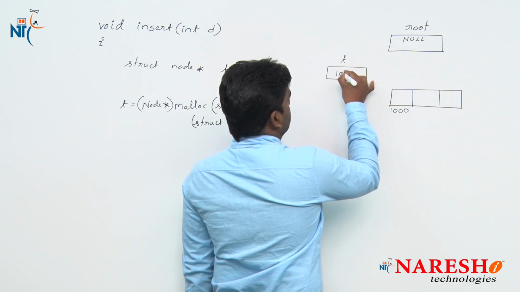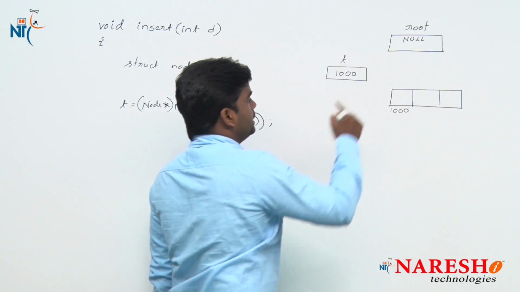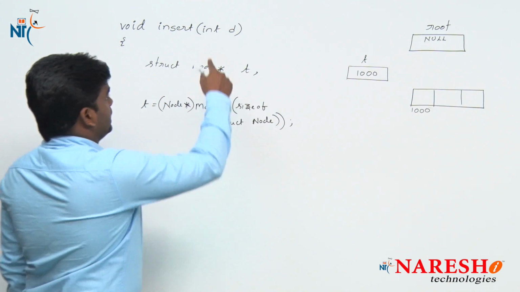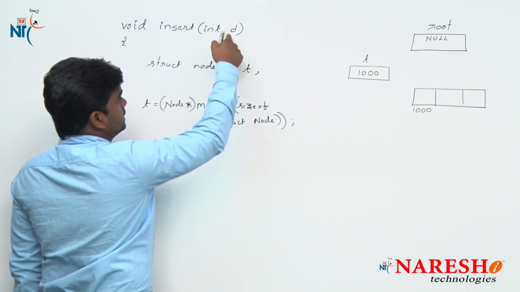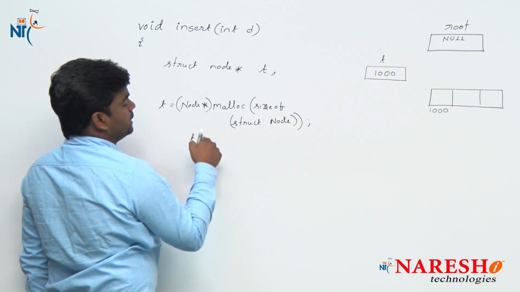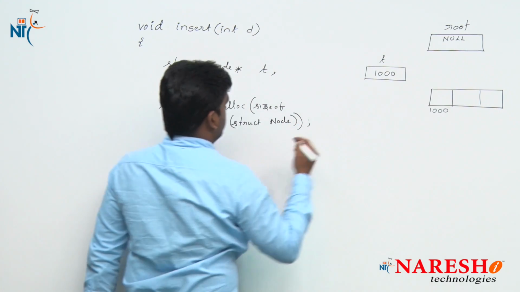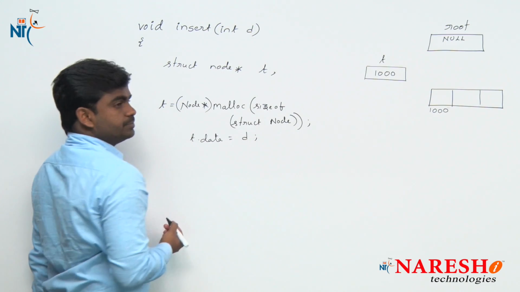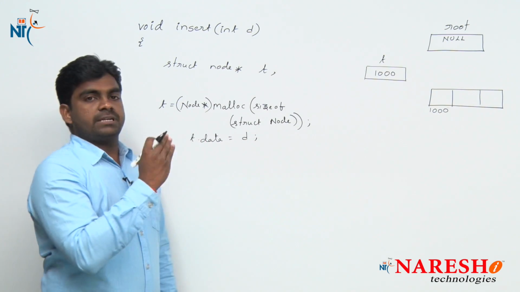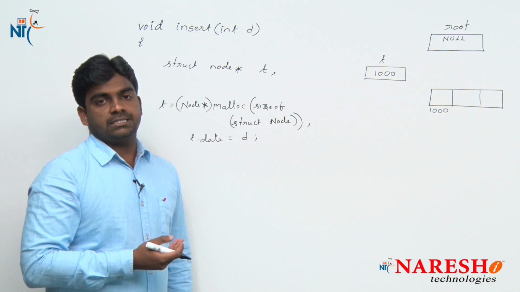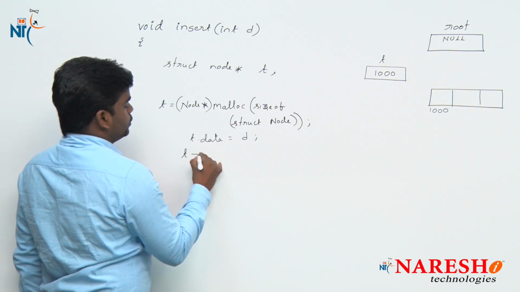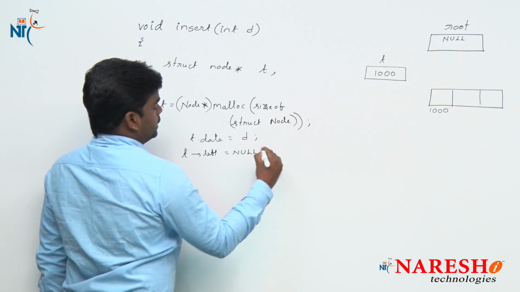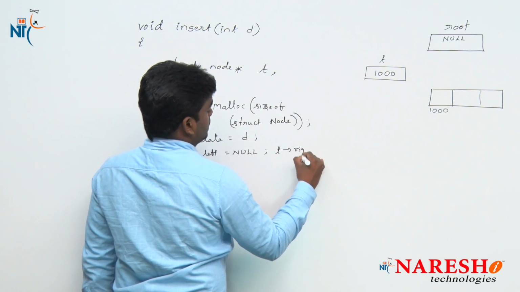The 1000 will be collected into t, so temporarily it is pointing to this node. Next, we need to store the data. Into t's data we store the d value, and the left child and right child are null. So t left equals null, t right equals null.